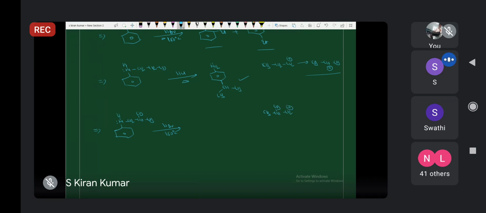Isobutyl carbocation, which is a primary carbocation. Then it rearranges to the tertiary carbocation. This is a bulky electrophile. It goes to which position now? Para position, as tertiary butyl. Like this, rearrangement also takes place. Okay, this is called the Hoffman-Martius rearrangement reaction.